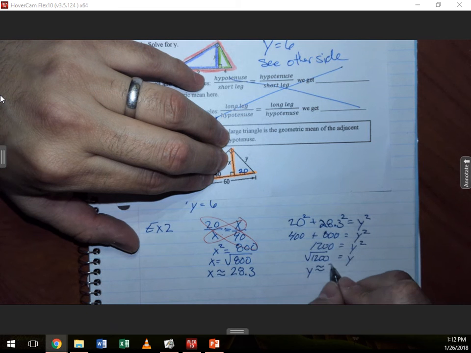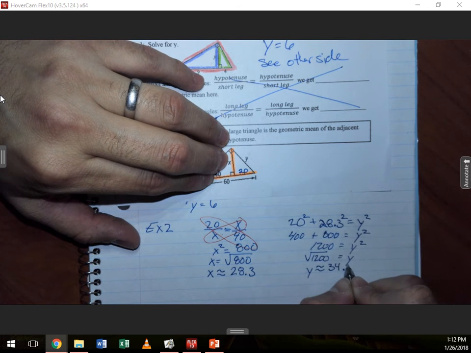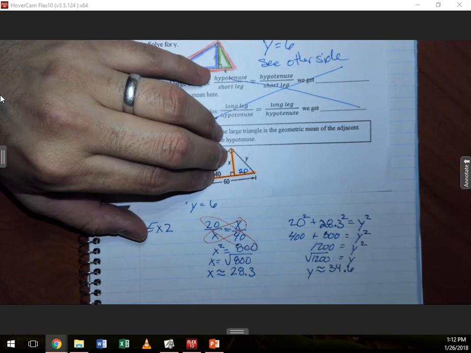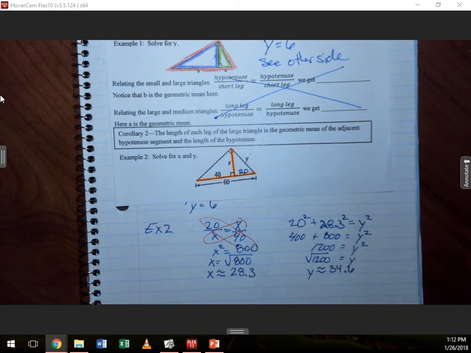Okay. 34.6 is going to be my y value. Does that make sense? A little bit, hopefully. Now, for these type of problems, they are work. You guys actually have to do the practice on here to get better with this.